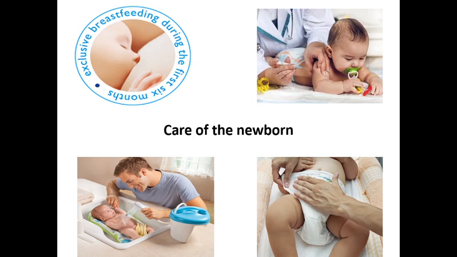Usually in hospital deliveries, within 24 hours after birth, before the mother and baby are discharged, the BCG vaccine is given. Thereafter, once the baby is taken home, the parents have to take care to give all the vaccinations duly according to the EPI schedule, which is mentioned in the CHDR, Childhood Health and Development Record.